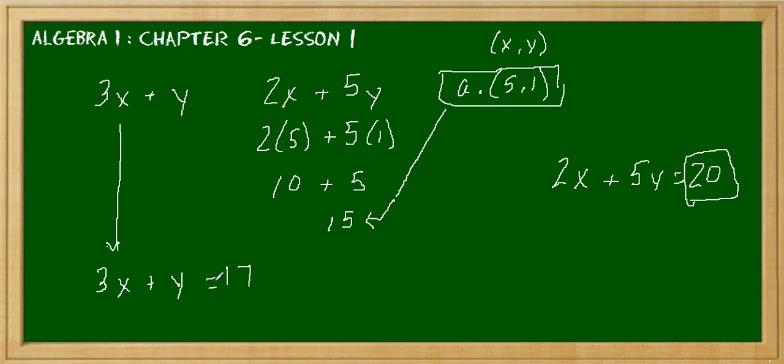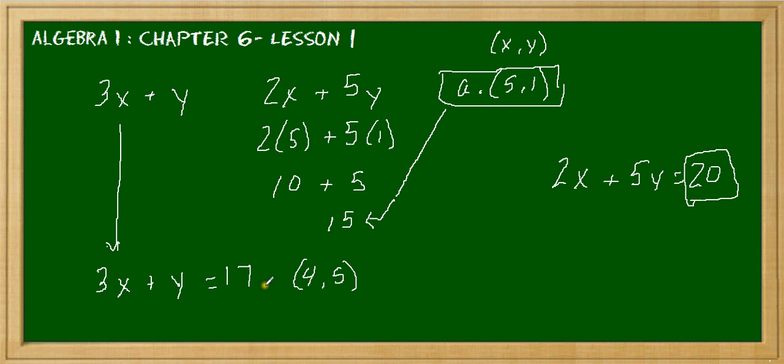We know that 4, 5 was the value. Let me put that over here as an ordered pair. When we use 4, 5, we know that this is true. You can see here in the example, 3 times 4 plus 5 is equal to 12, 12 plus 5 is equal to 17.